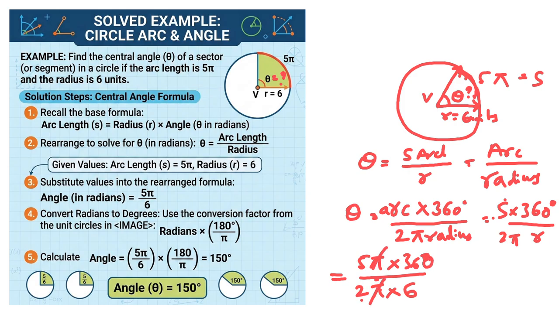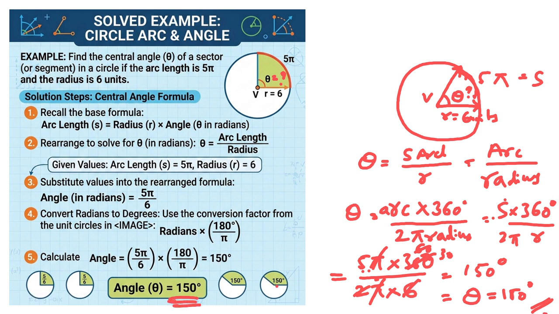Pi cancels. 6 and 6, and 2 into 30. So what is the angle? 5 times 30 is 150, and it is in degrees, so 150 degrees. So the final answer is theta is equal to 150. So we got the answer here.